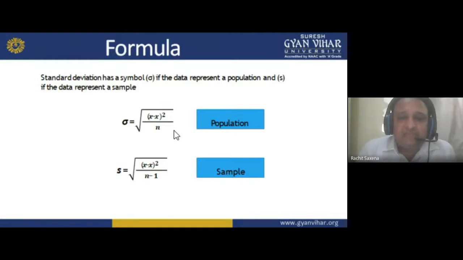Sample, and sigma represents the population, meaning the higher value. If I'm talking about the sample, then we use the second formula. If I'm using it for the population, I use the first formula, that is sigma is equal to the square root of the sum of (X minus x bar) whole squared upon n, and for the sample, (X minus x bar) whole squared upon n minus 1. The x bar is the mean value. So we have two formulas. Just go through it. See what is written here.